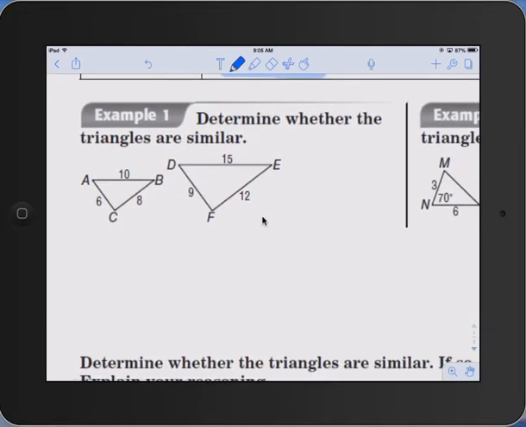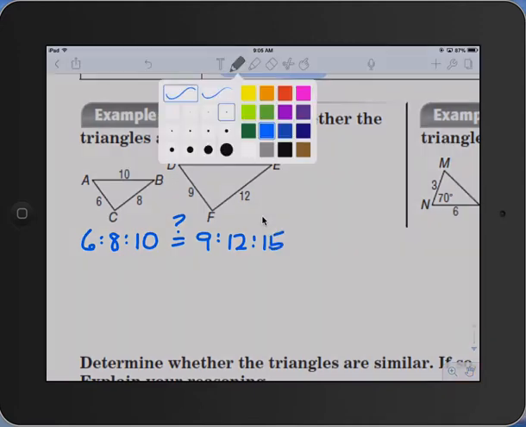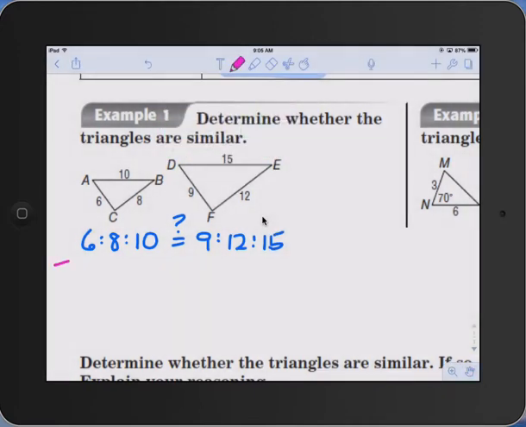Okay, so here's applying that information. I'm going to do this in the form I showed you before, 6 to 8 to 10. I'm putting those from short to long. Is that in the same ratio as 9 to 12 to 15? Well, on the left side, we can divide out a 2, and that will make it 3 to 4 to 5.